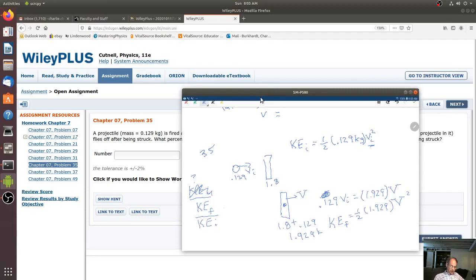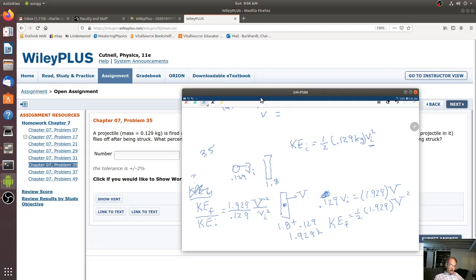Well, a lot of stuff's going to cancel here. So I'm going to have 1/2 in the numerator and denominator. That's going to go away. Upstairs, I'm going to have 1.929 kilograms. And downstairs, I'm going to have 0.129. And upstairs, I'm going to have V squared, the velocity afterwards, over the v squared.